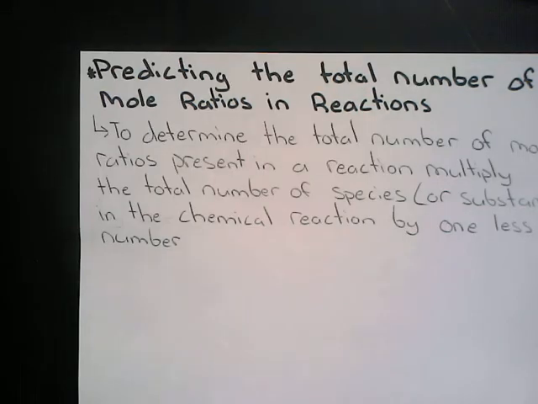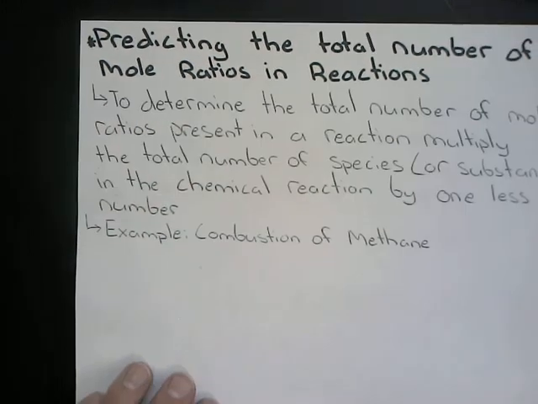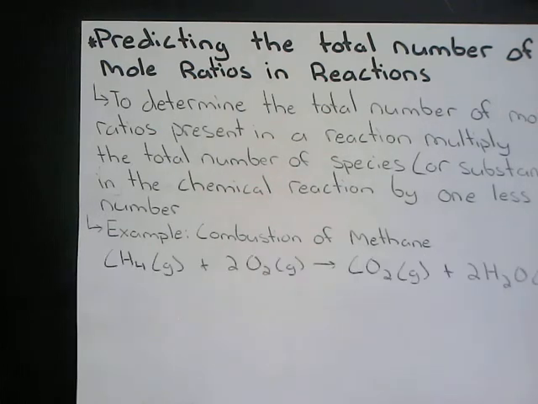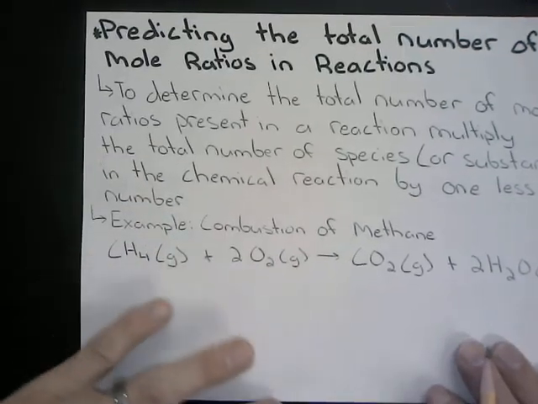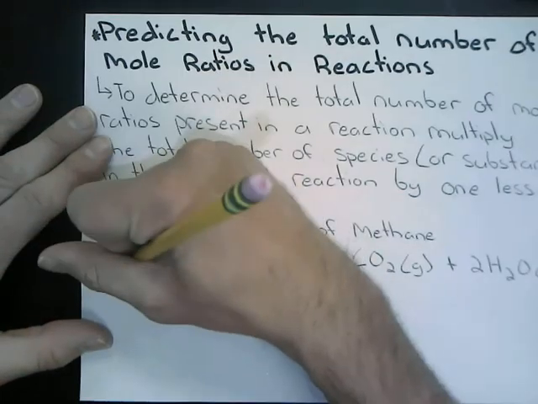All right, so let's try this in an example where we have the combustion of methane. In the combustion of methane, methane CH4 reacts with oxygen O2 gas and produces carbon dioxide and water. Now, the first thing we need to identify is those species, or these substances. So each reactant and each product is a species.